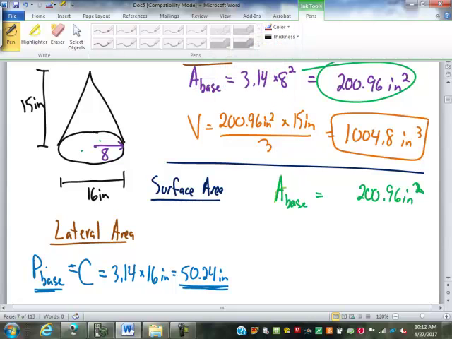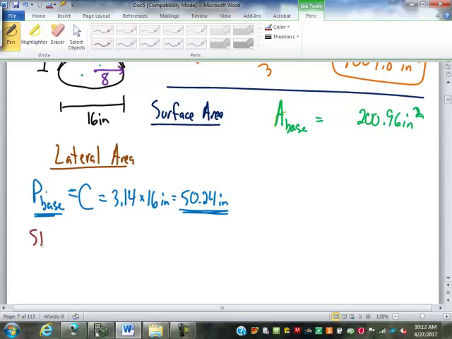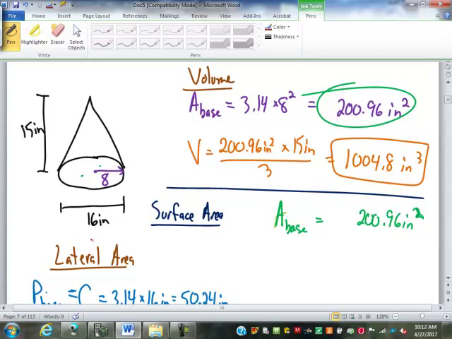I also need to know the slant. The slant is going to be found right here. I draw this down. That's the height of 15 inches. This is going to be the radius of 8 inches. I have to find the hypotenuse, which is going to be the slant. So it's going to be 8 squared plus 15 squared equals that slant squared.